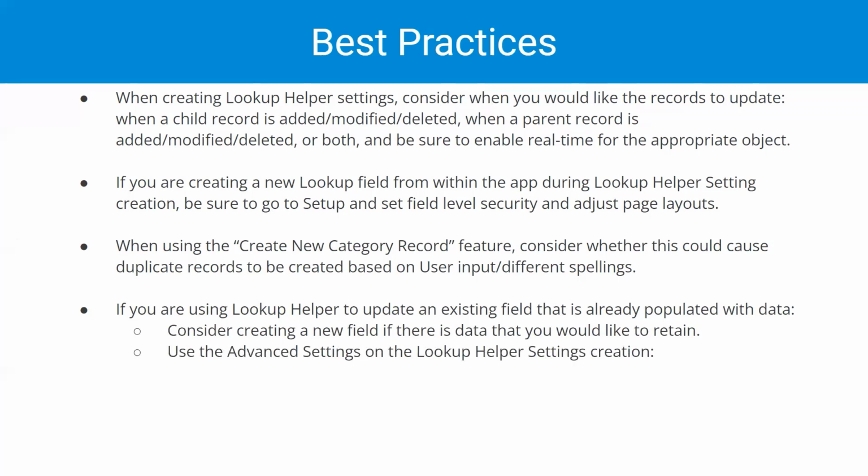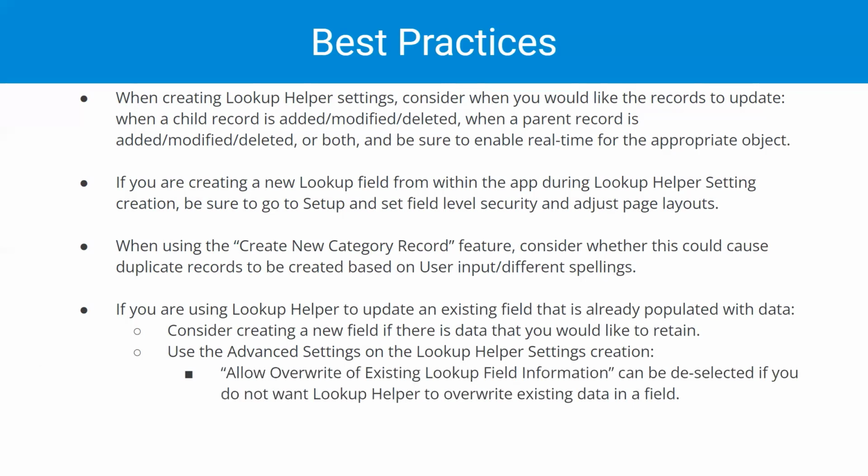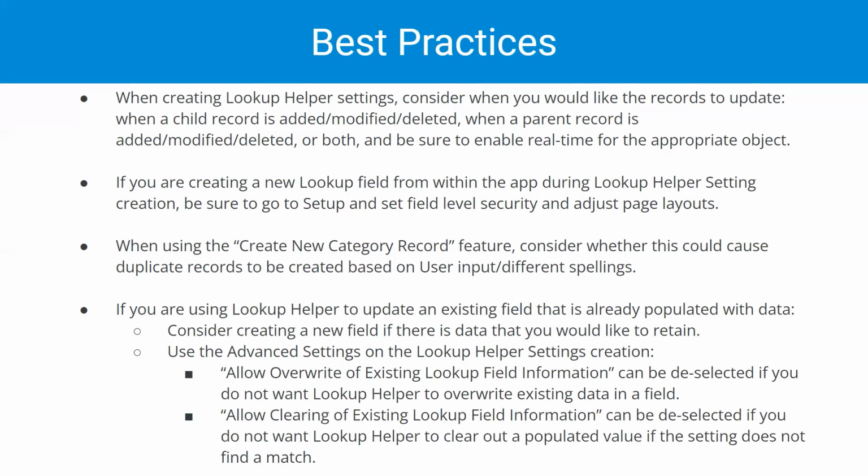Use the advanced settings on the Lookup Helper settings creation. Allow overwrite of existing lookup field information can be deselected if you do not want Lookup Helper to overwrite existing data in a field. Allow clearing of existing lookup field information can be deselected if you do not want Lookup Helper to clear out a populated value if the setting does not find a match.